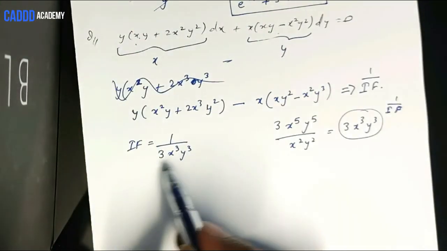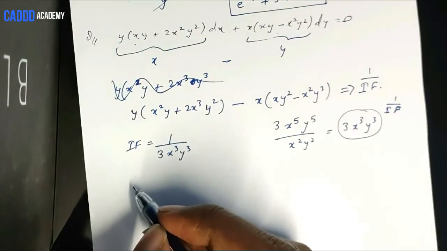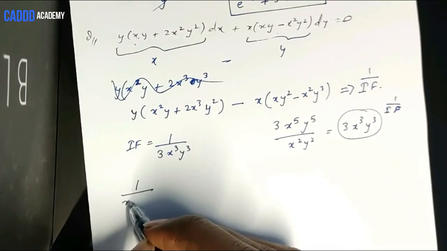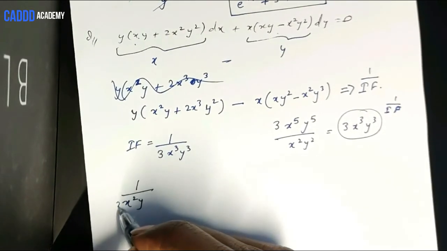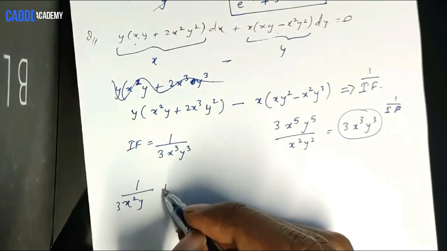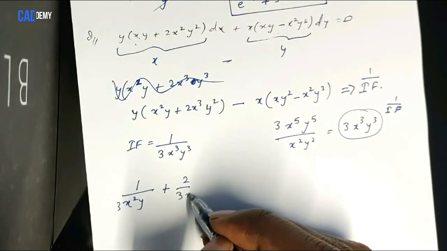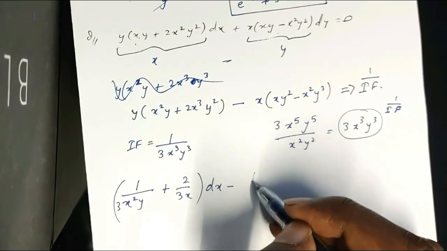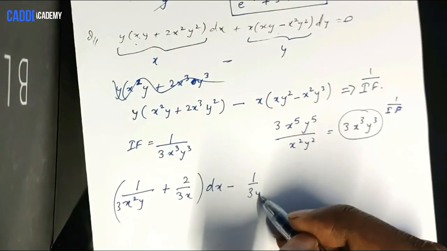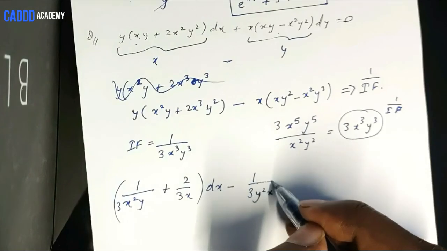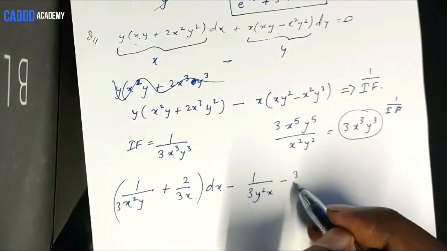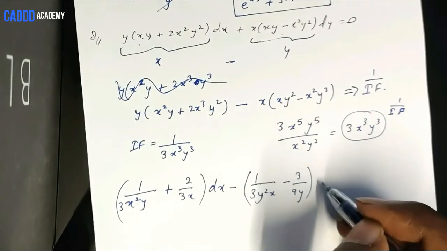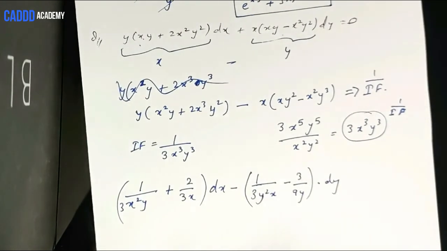After multiplying this thing with this equation, we will have a new equation, two by 3x dx minus 1 by 3y square into x minus 3 by 9y into dy.